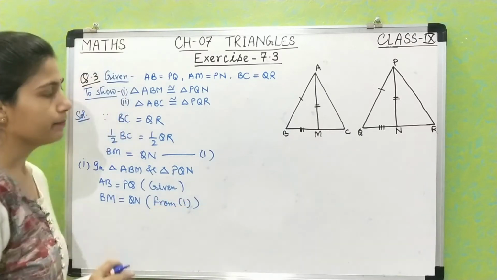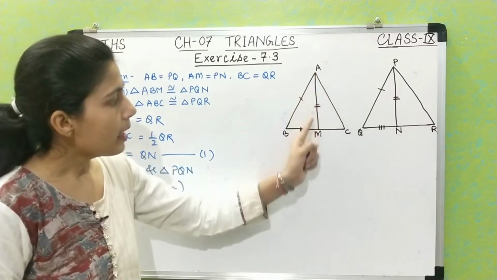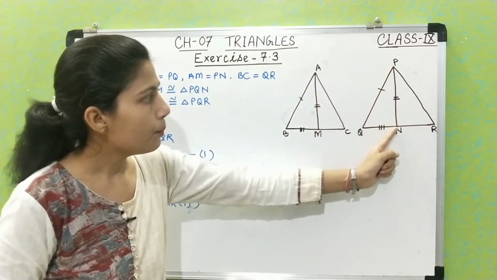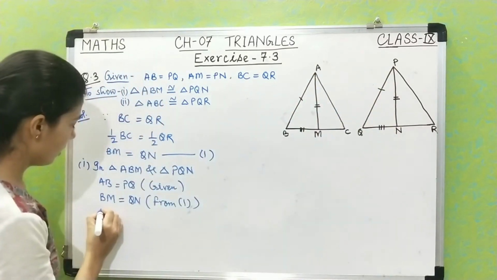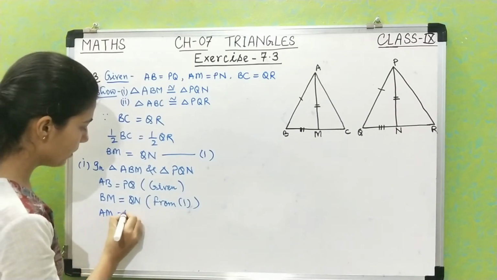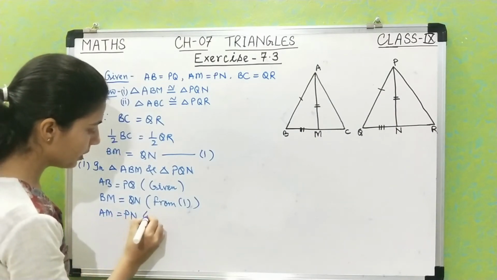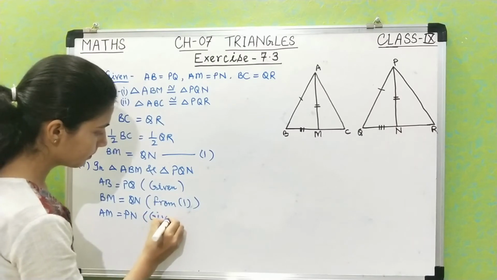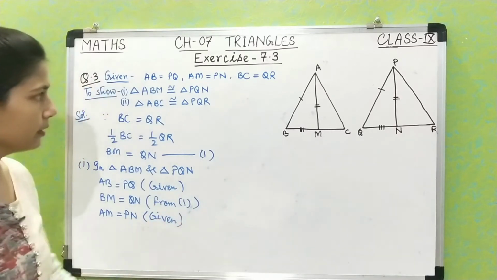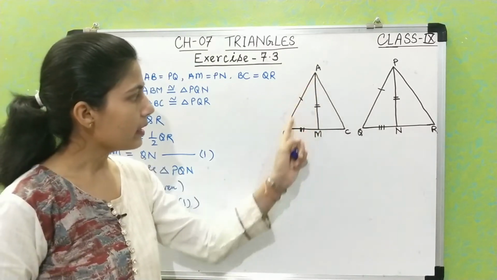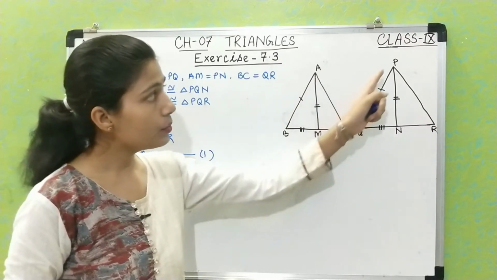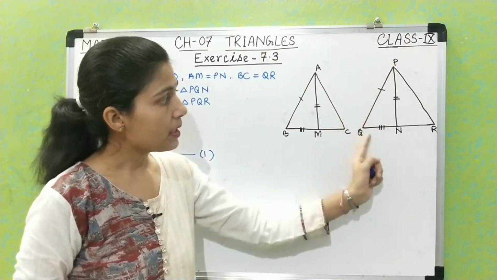Okay, now see, here AM is also equal to PN. AM equals PN, this also we have been given. So you can see here the three sides of triangle ABM are equal to the three sides of triangle PQN.